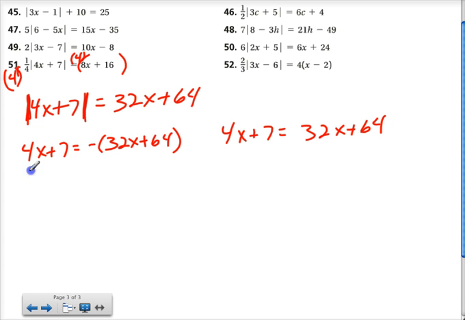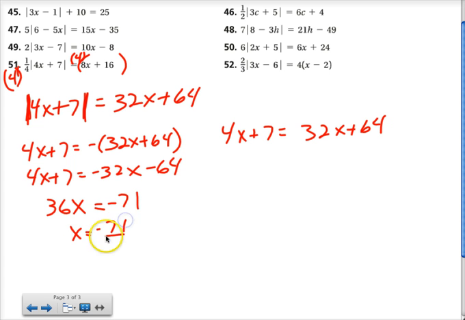So on the left-hand side, you distribute the negative, and then you'd add 32x to both sides. I'm going to go ahead and do this in one step too, and you'd subtract the 7 from both sides, and really get an obnoxious looking fraction here of negative 71/36.